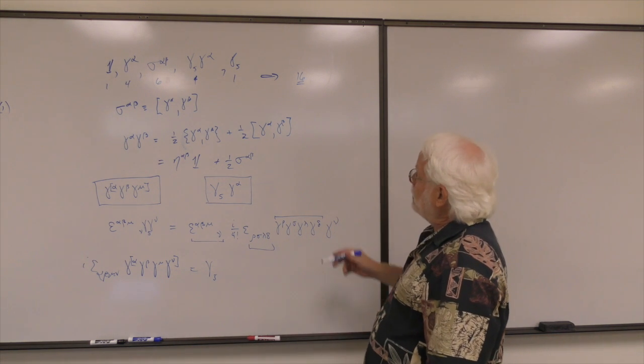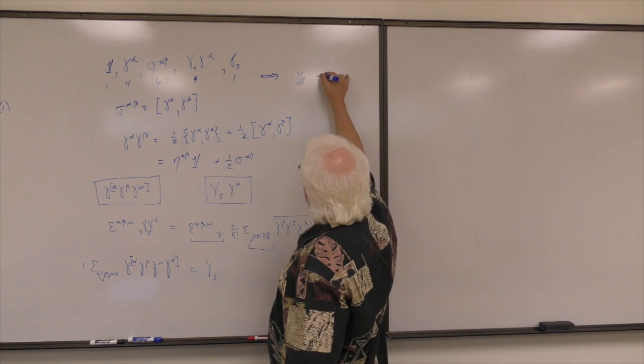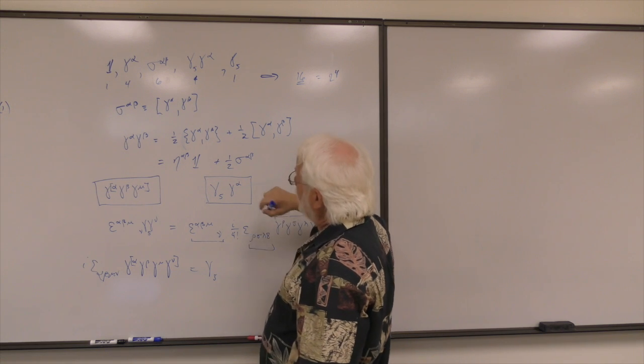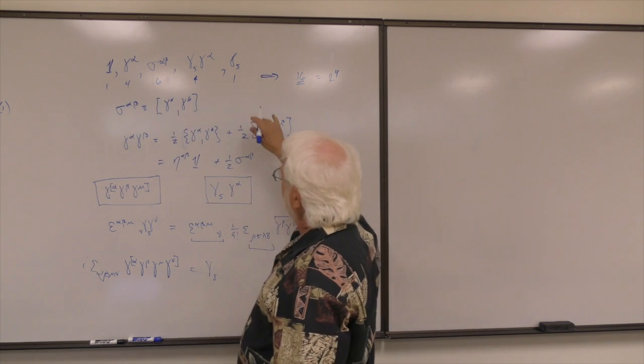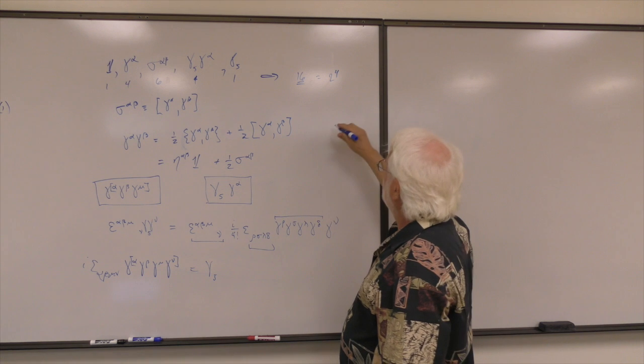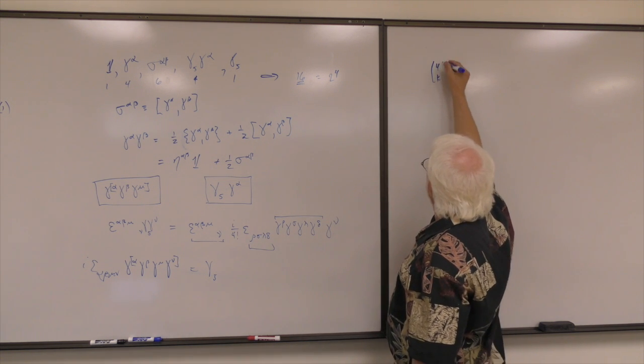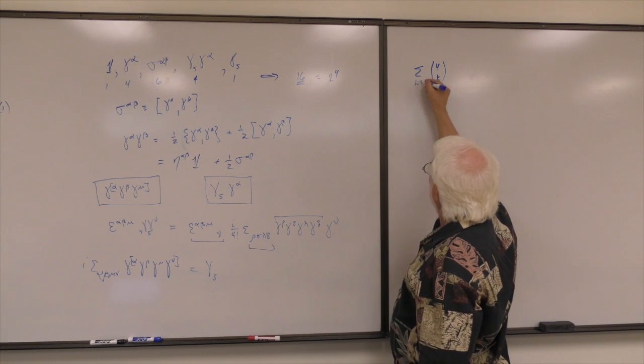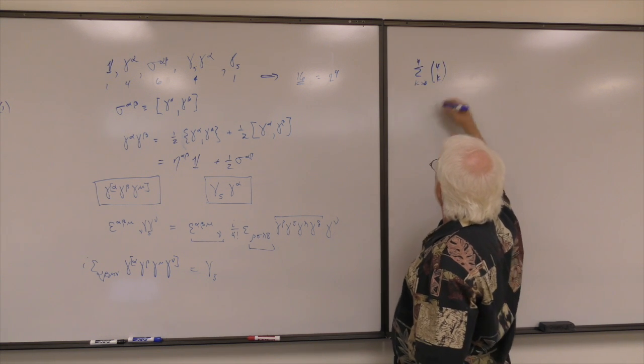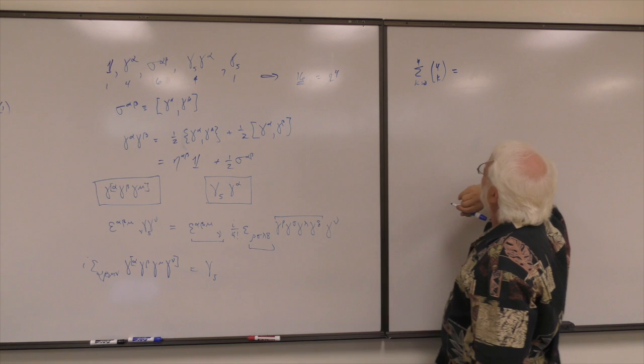Now, in general, notice that this is 2 to the 4th. In general, if we're in n dimensions, it's Pascal's triangle, right? Here we have 4 choose k, the sum k equals 0 to 4. And what is that?